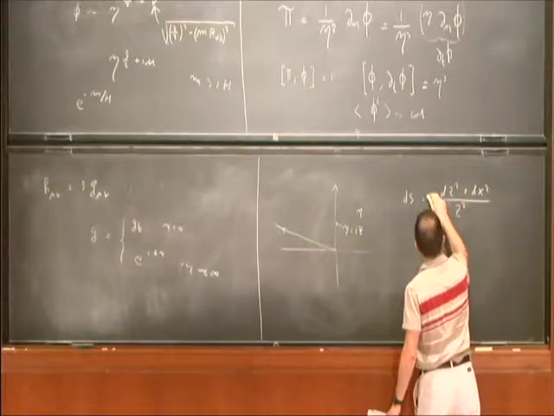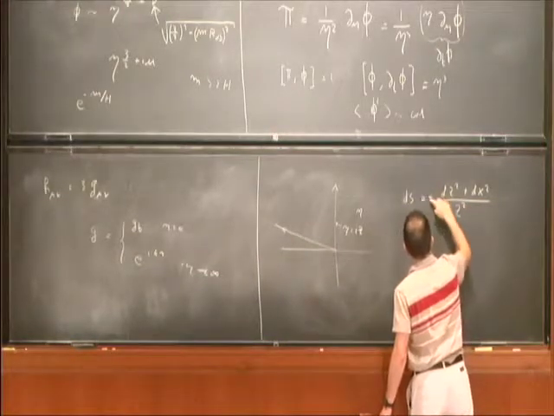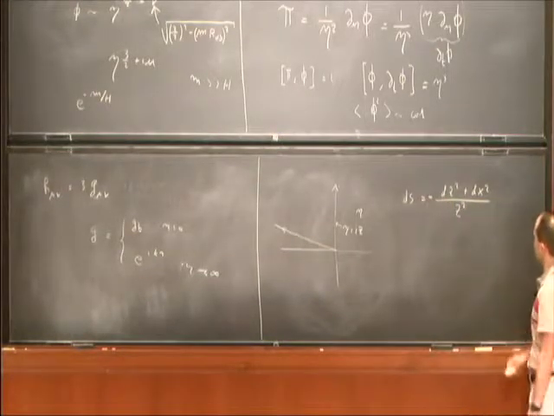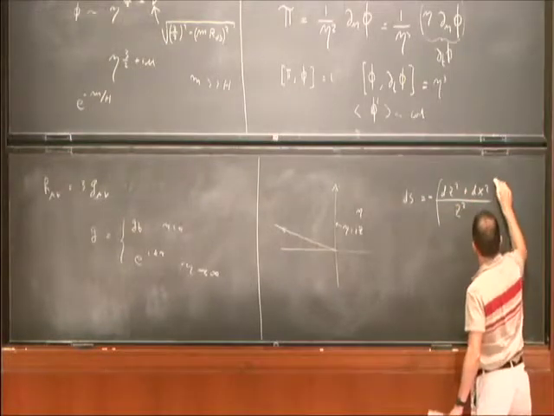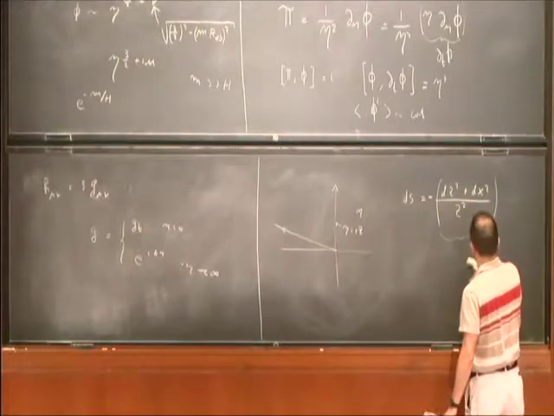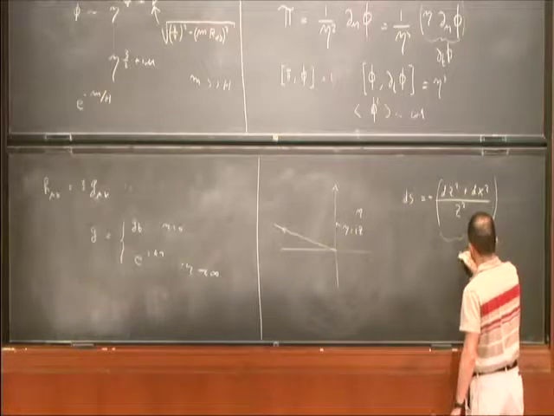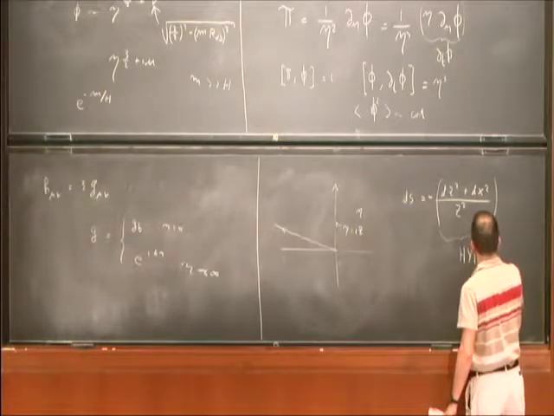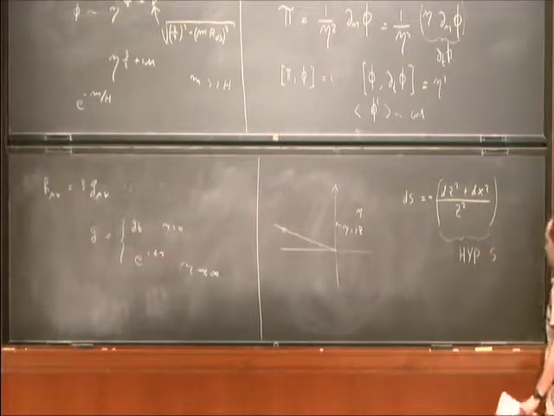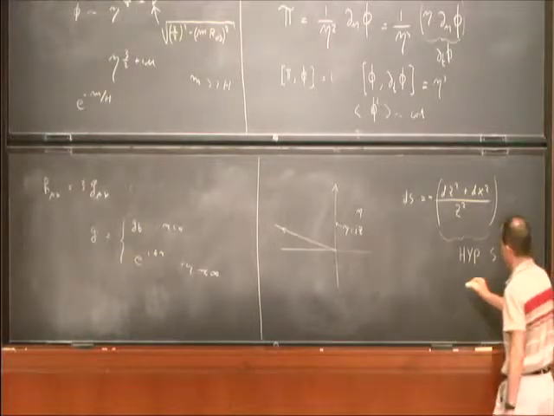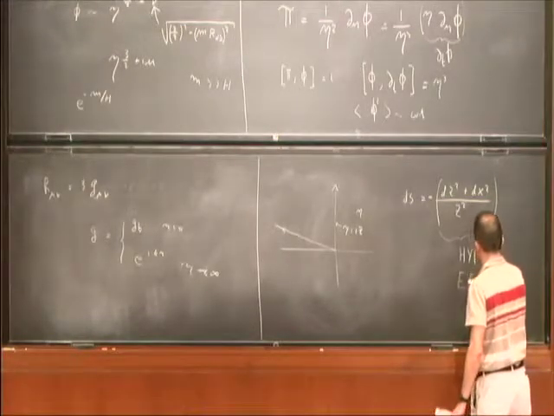So let me put this overall minus sign. Up to this overall minus sign, this metric is just the metric of hyperbolic space. This is sometimes also called Euclidean AdS space.